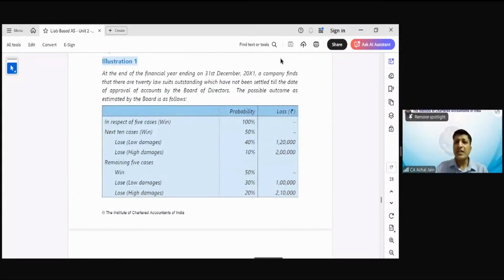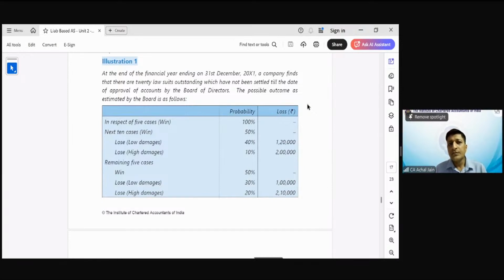So let's look at this example now. At the end of the financial year ending on 31st December, so we have this calendar year now, the company finds there are 20 lawsuits outstanding which have not been settled till date when the approval of accounts has taken place.